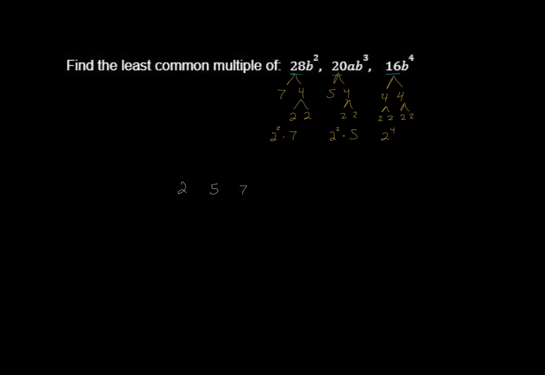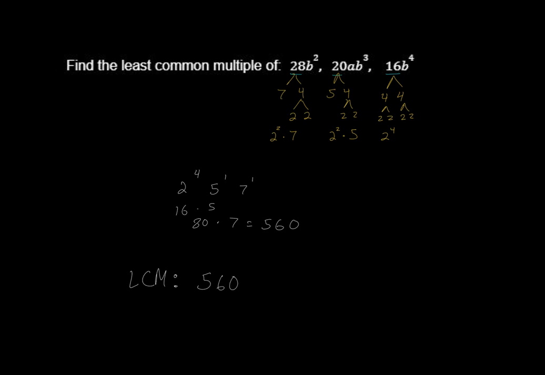The highest power for 2 is 2 to the fourth, the highest power for 5 is 5 to the first, and the highest power of 7 is 7 to the first. 2 to the fourth is 16, and 16 times 5 is 80. 80 times 7 is 560. So our least common multiple will have 560 as the coefficient.